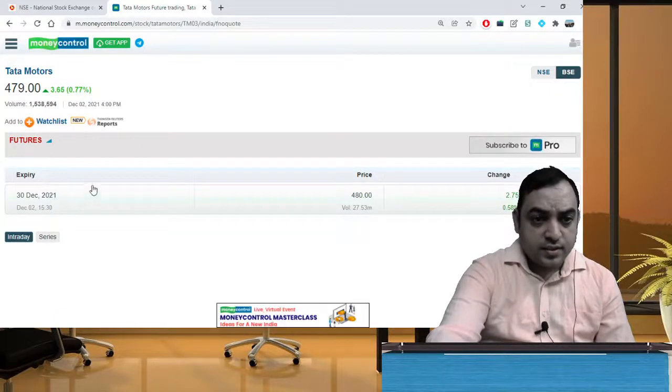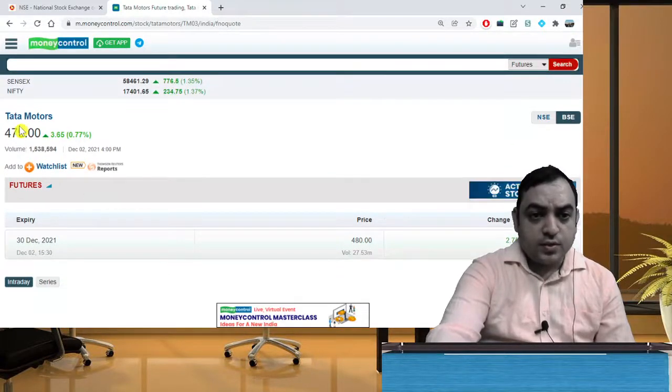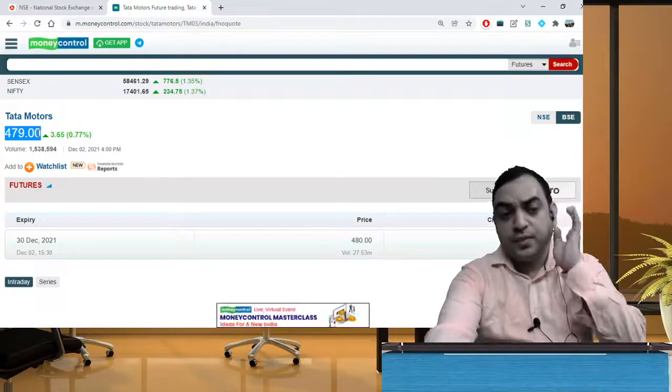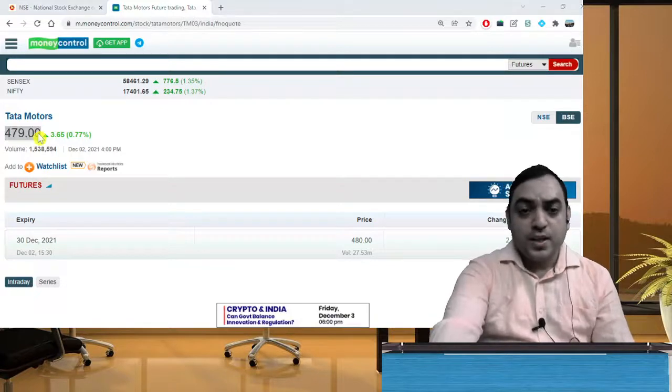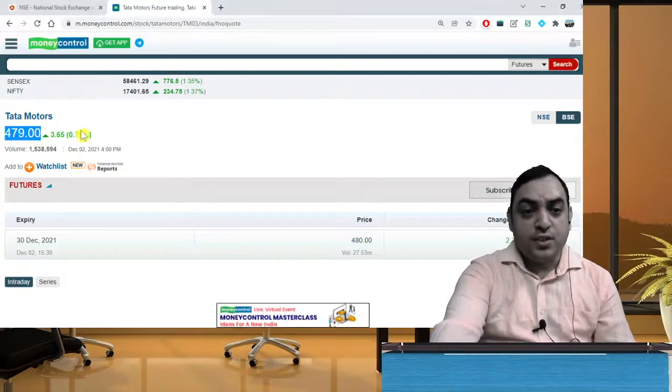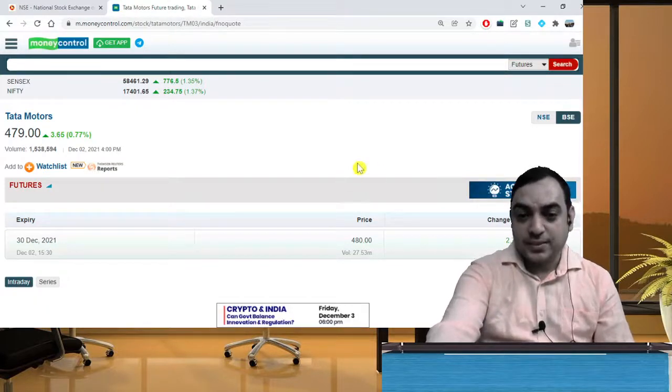You can see that Tata Motors is having a price of 479. It was 478.7 something in the spot market. So in the future market we have 479. You can see this is a future price.